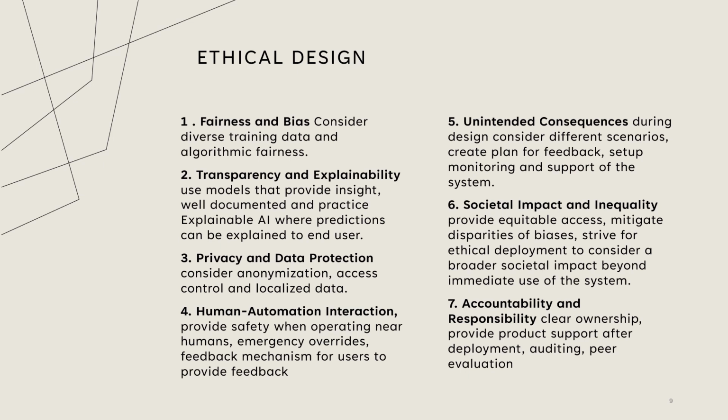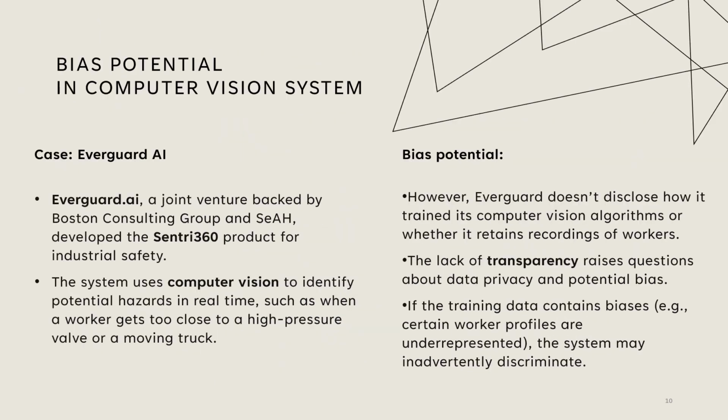Bias is also a very important thing to address. And here in this example, there was a bias potential discovered in one of the systems. A company introduced a product for industrial safety, which would identify potential hazards in real time, such as when a worker gets too close to a high pressure valve and, I don't know, maybe the valve should shut down.